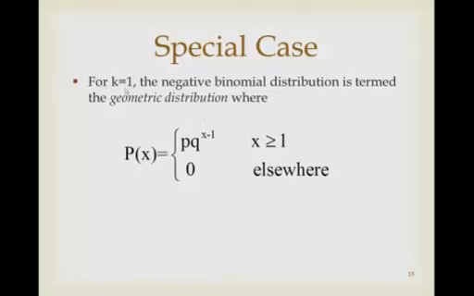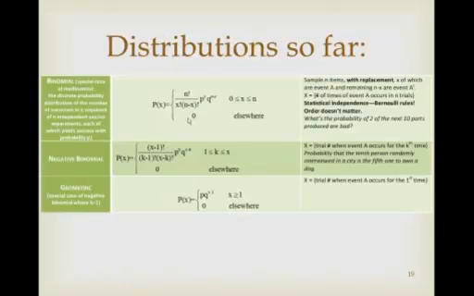For k equal to 1, the negative binomial distribution becomes what we call the geometric distribution. It's the same thing, just for the simplest possible case, and that is just p times q to the x minus 1. So let's look at all the distributions we have so far.